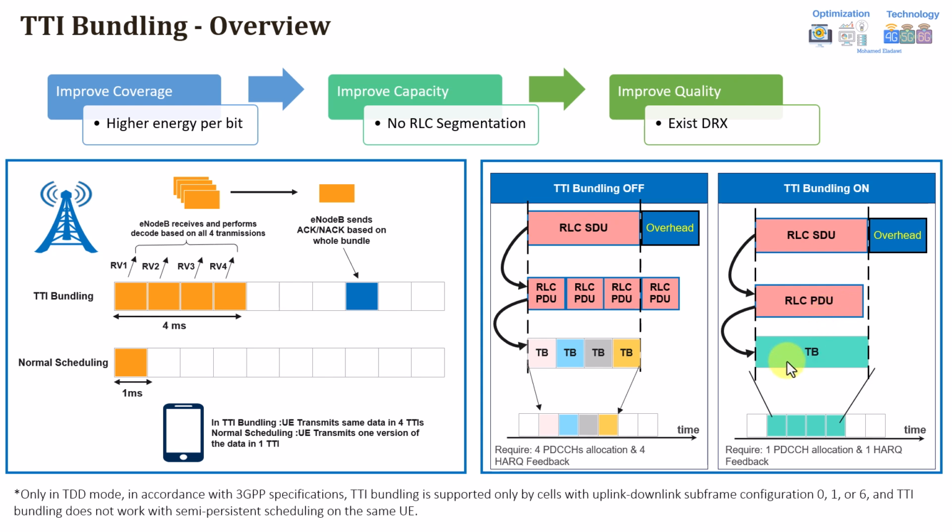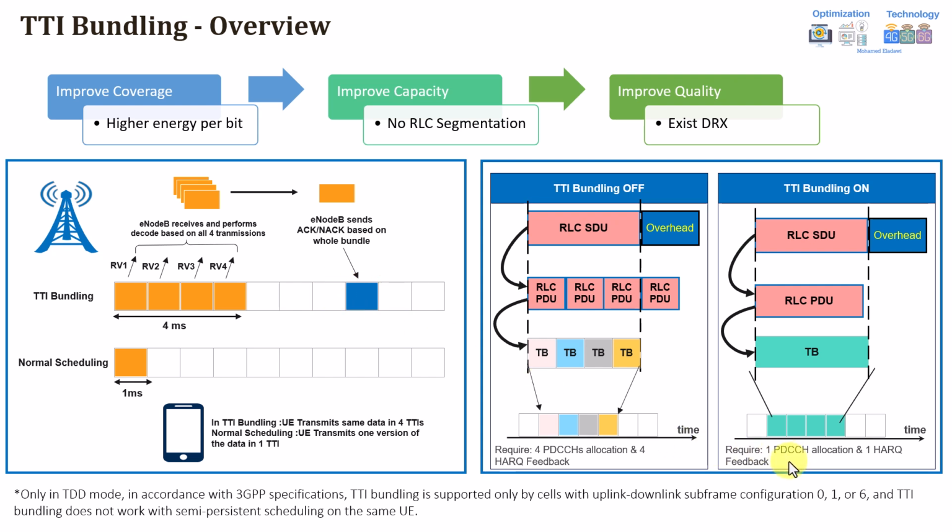This results in sending the same TB in four TTIs, so it results in less PDCCH allocation. You get an improvement in PDCCH allocation compared to the segmentation case, and also only one HARQ feedback, because the same data sent in four consecutive TTIs only requires one HARQ feedback.